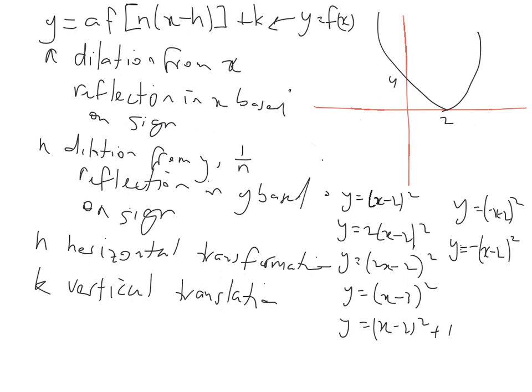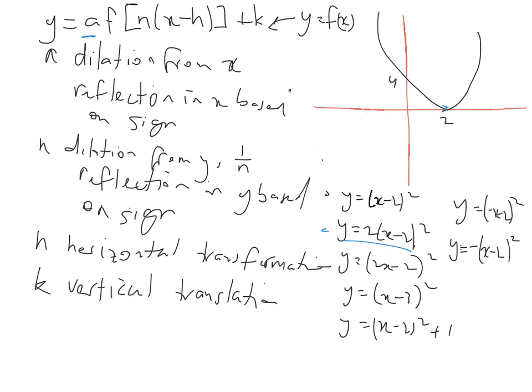Now, if I had a value of 2 for a, well, we've got a dilation of 2 from x. So basically, your turning point is still the same, but all the other values become doubled. So where it crossed at 4, here it's going to cross at 8. So that's how that looks.